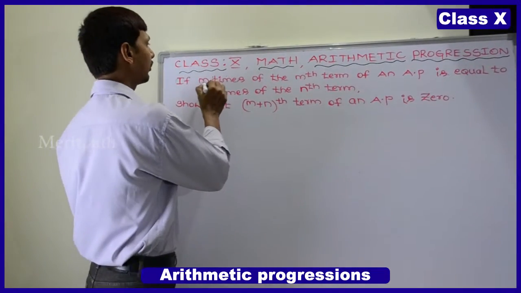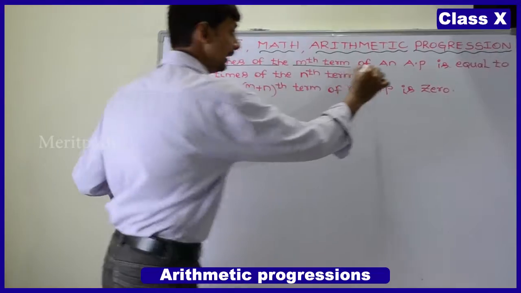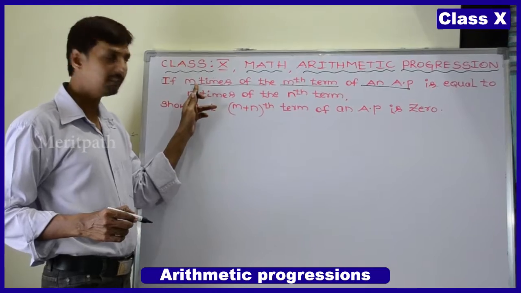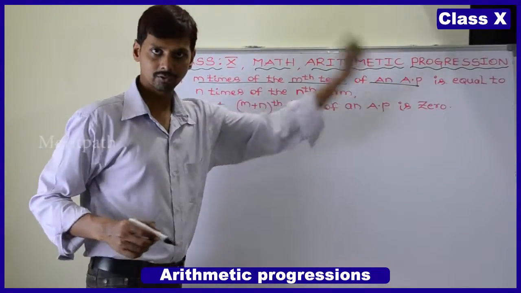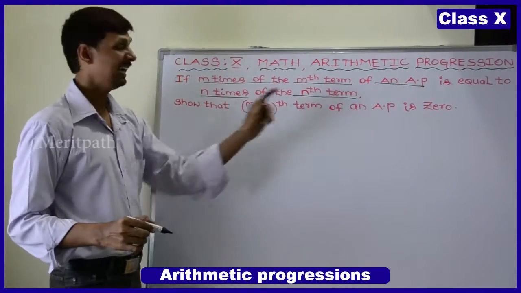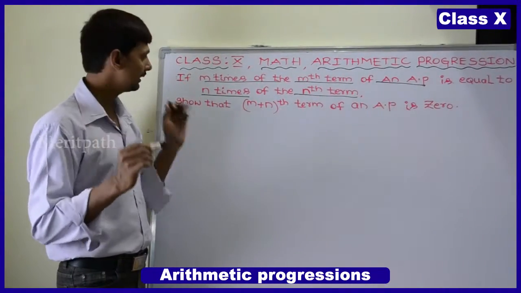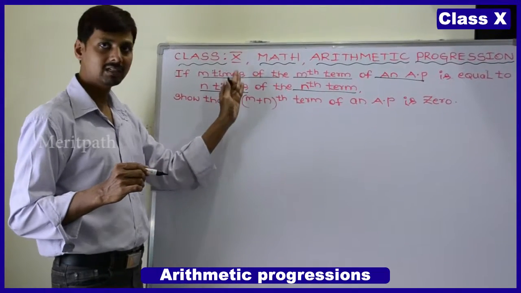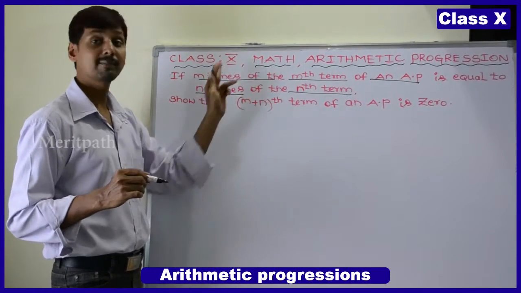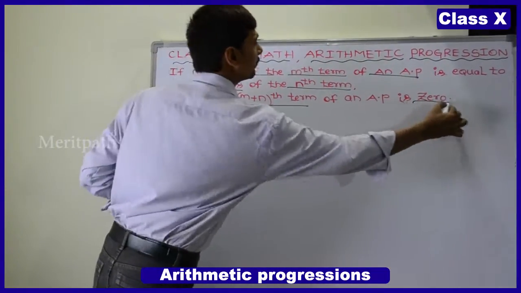We need to show that if m times the mth term is equal to n times the nth term, then the (m+n)th term is 0. The mth term is multiplied with m, and the nth term is multiplied with n.